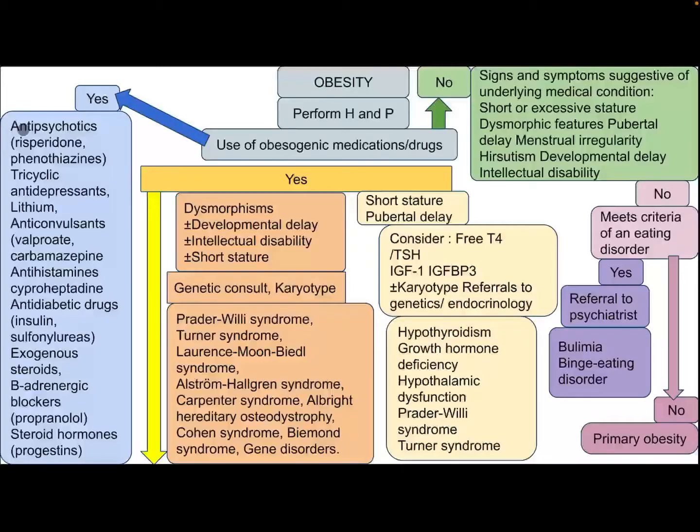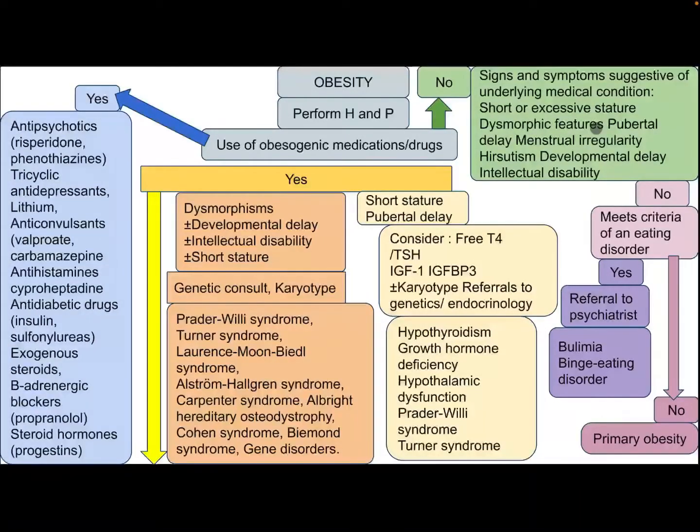If yes, it could be an antipsychotic like risperidone, phenothiazine, a tricyclic antidepressant, lithium, an anticonvulsant such as valproate or carbamazepine, an antihistamine like cyproheptadine, an antidiabetic drug like insulin or sulfonylurea, exogenous steroid, a beta-adrenergic blocker like propranolol, or a hormone like progestins.